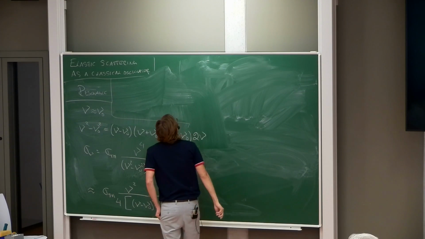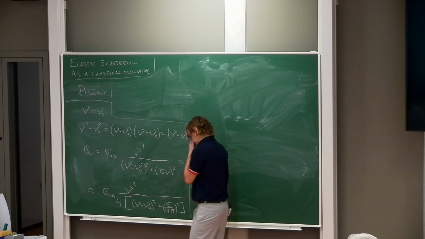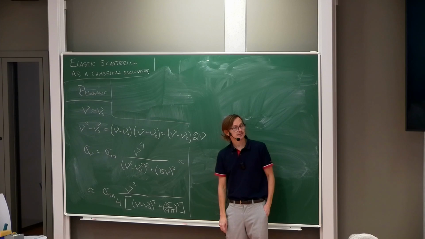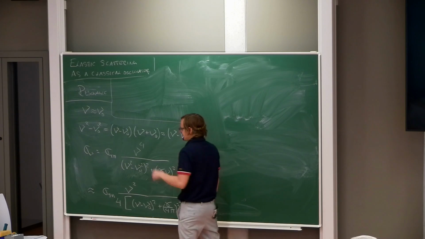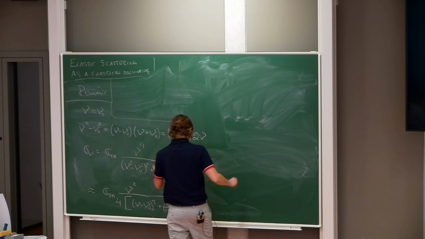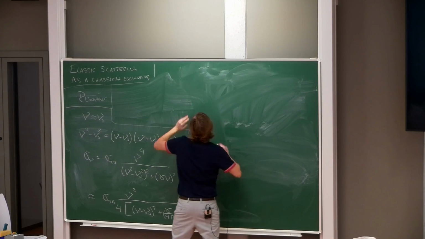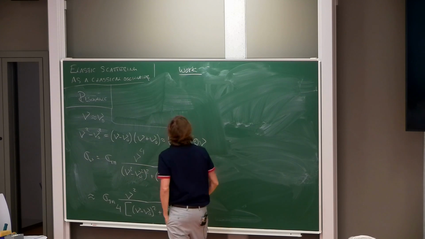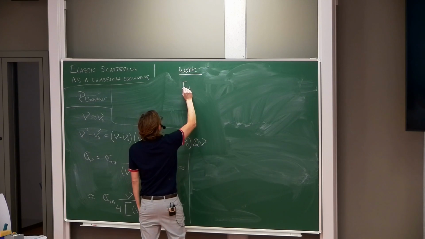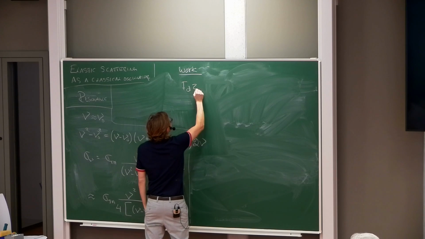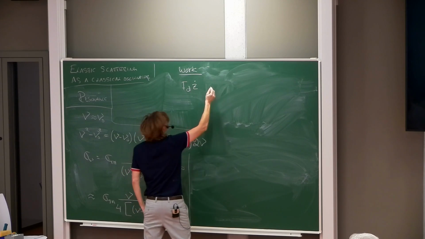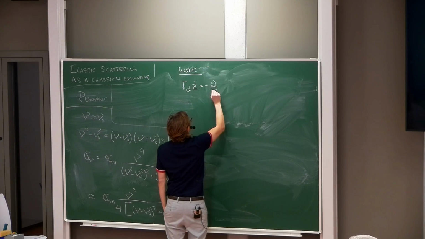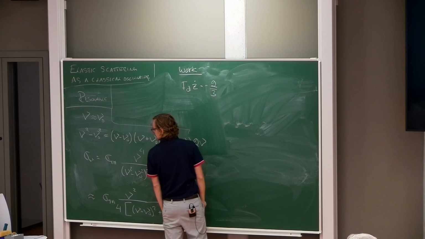Okay, so to make some further progress now, we need some information about this damping constant, okay? And for that, we're going to set that the work done here, which is the damping force times the velocity, so that would just be c hat, is equal to minus the power lost.